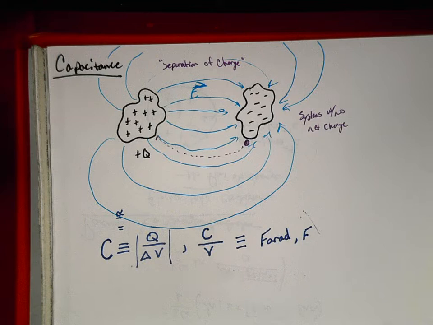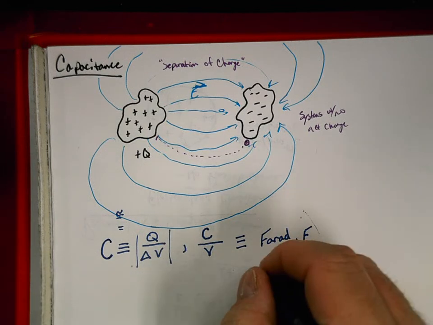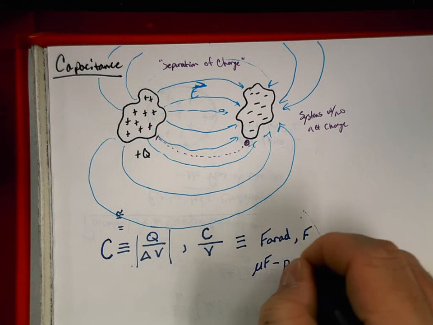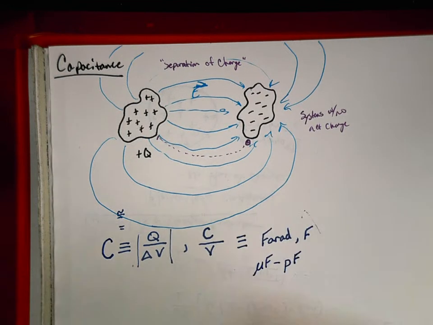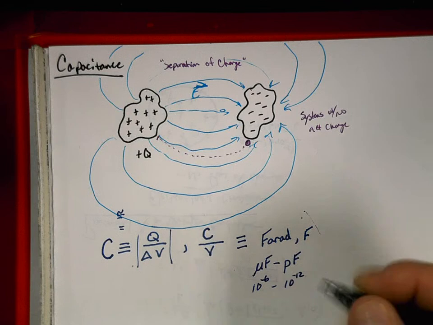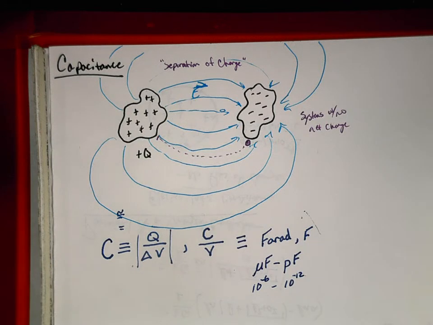For practicality's sake, in our day-to-day electronics, we deal with stuff in the microfarad to picofarad range, so the 10 to the negative 6 to 10 to the negative 12 range. There are nanofarads also, but usually it's micro and pico.